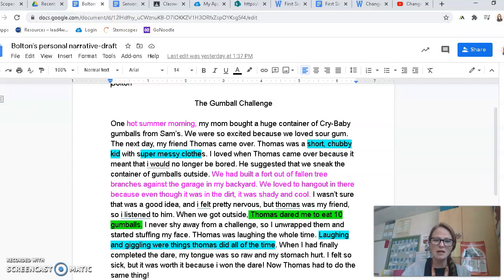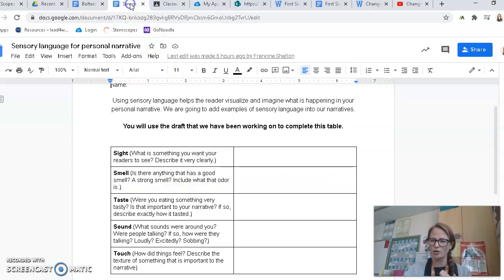Maybe something that I could do is describe what the gumballs looked like. They were very, very colorful. I very much remember that there were all sorts of colors, and I loved the blue ones because they were the most sour.